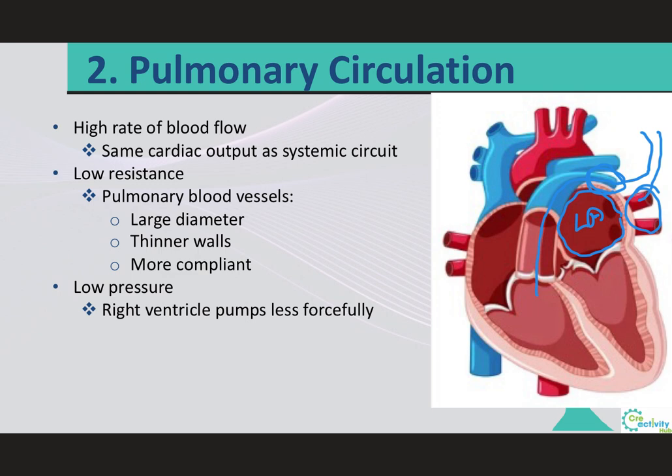Now, the pulmonary circulation has a high rate of blood flow, and in fact, blood flows through the lungs at a higher rate than in other tissues of the body because the lungs receive the entire cardiac output, which, if you remember, is about 5 liters per minute that is ejected from the right ventricle of the heart.